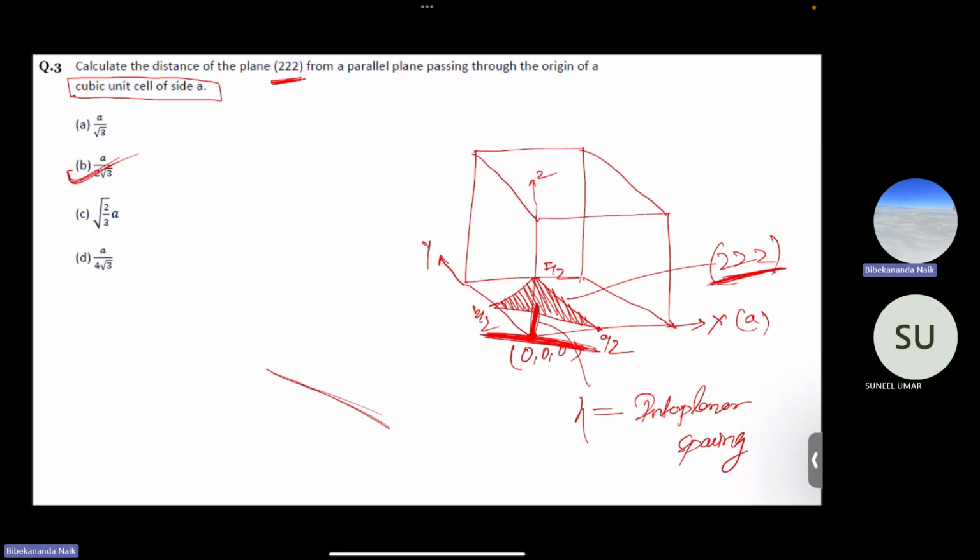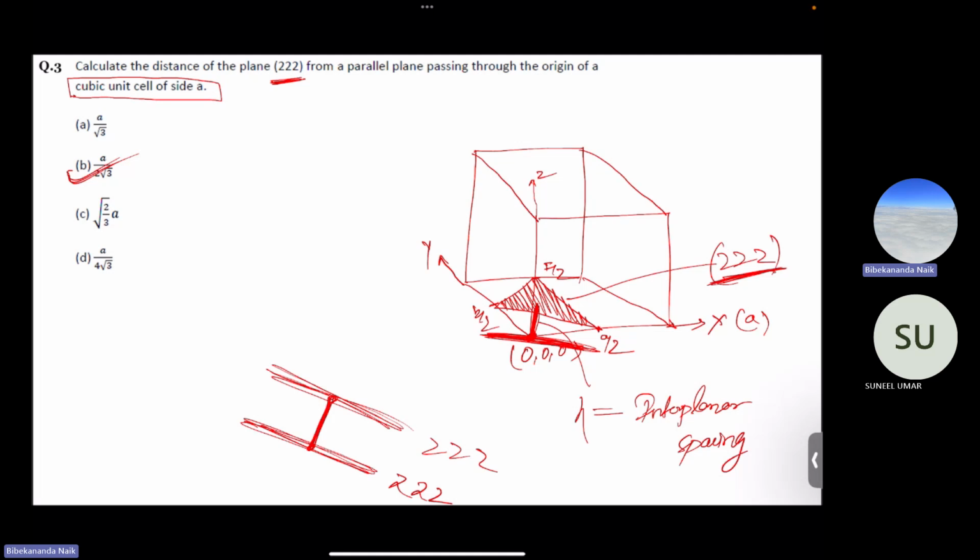So there are two planes. One is this 2, 2, 2. Again, this plane is parallel to it and passes through the origin. So this plane will also have the Miller indices 2, 2, 2 if we shift the origin from here to here. So this is the distance. Suppose we define the origin somewhere in a different position.